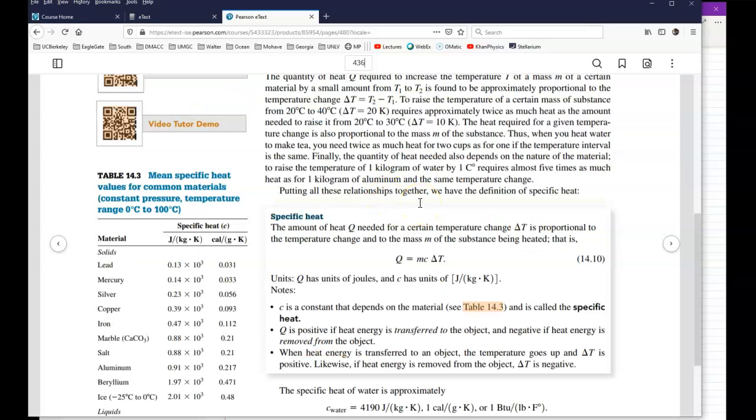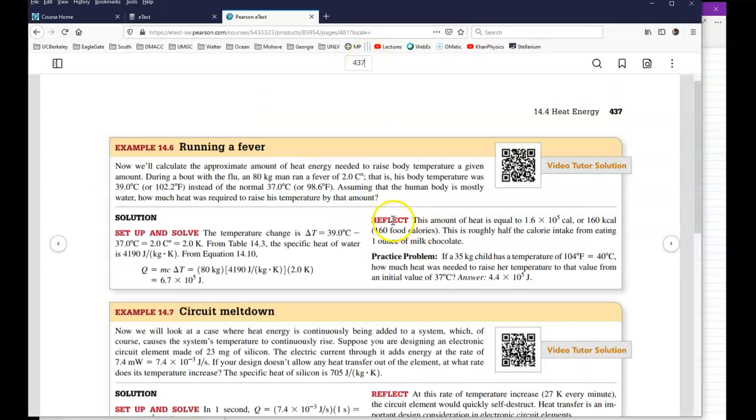Okay, so let's do example 14.6 and 14.7, and I have one more from my notes. 14.6, that's on page 37. It says we will calculate the approximate amount of heat energy needed to raise the body temperature of a given amount.